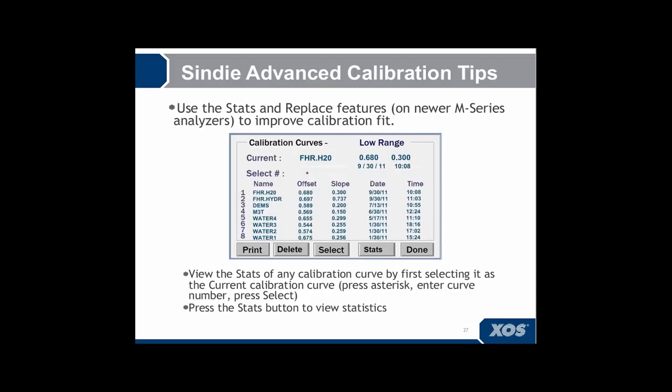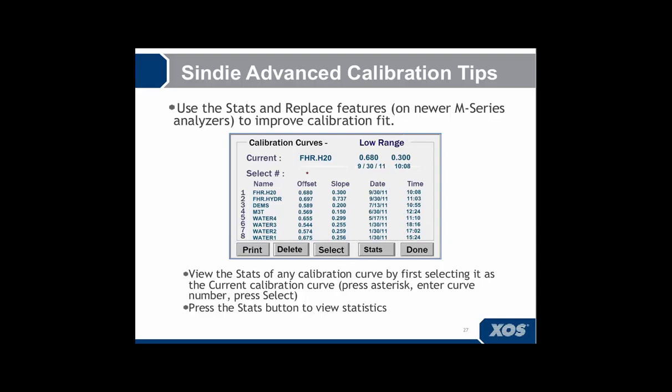Use the stats and replace features on the newer orange M-Series analyzers to improve calibration fit. Now, if you have one of the gray legacy analyzers, I do have a workaround for you. We'll go over this after we talk about the stats button and the replace.